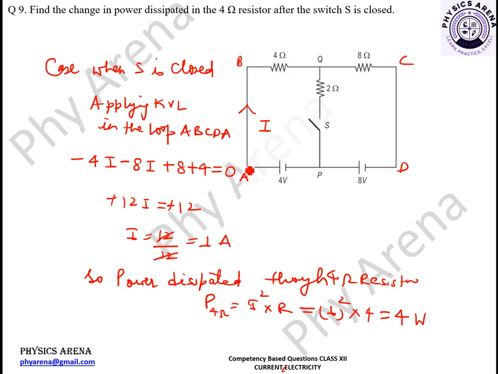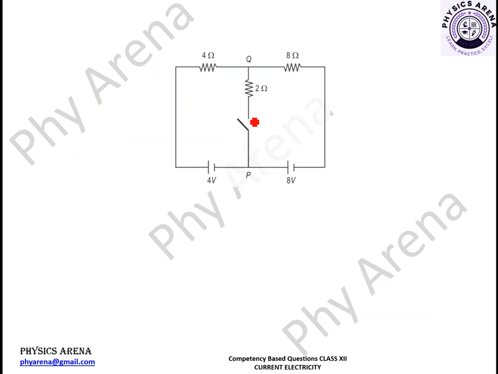Now let's close the switch and find out the power dissipated in the 4 ohm resistor again. So when we close this, the current I flowing through the 4 ohm resistor is divided into I1 and I2. Now again we need to find the power dissipated using Kirchhoff's law.